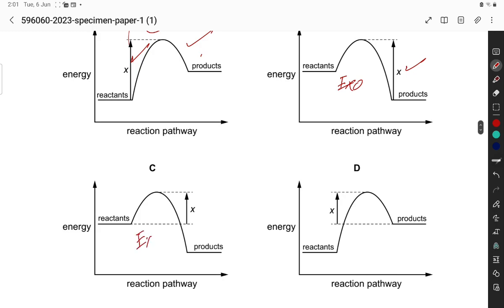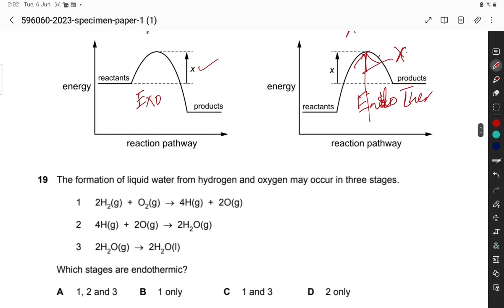This is exothermic. This is endothermic. So X must be like this. This is an endothermic reaction, but the activation energy is labeled wrong, so it is incorrect. A option is correct.